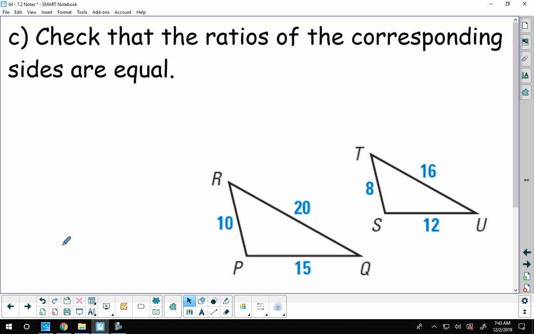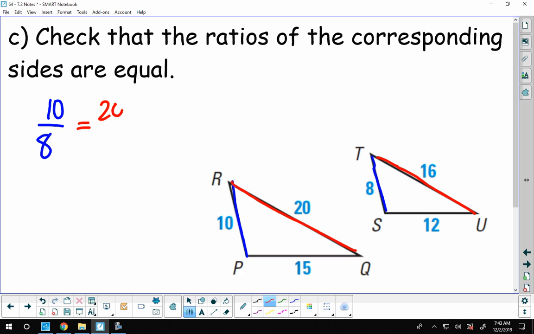So check that the ratios of the corresponding sides are equal. Okay, so PR is 10, which corresponds to ST, which is 8. We want to check, is that equal to RQ over TU? So 20 over 16. Again, big over small, and then last but not least, PQ over SU. So again, big over small.